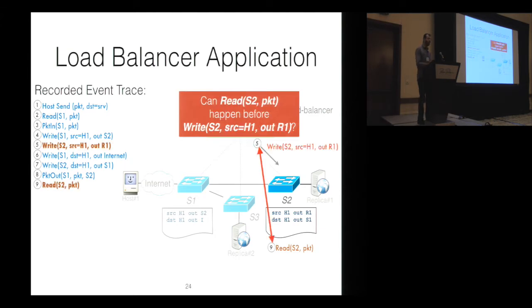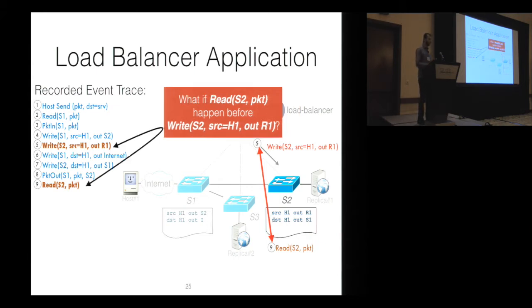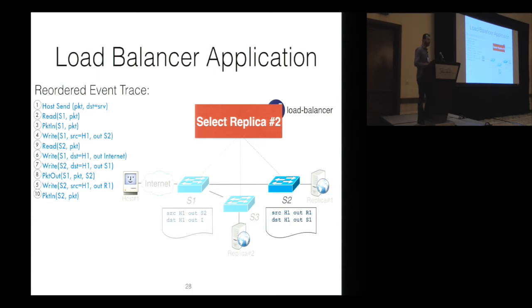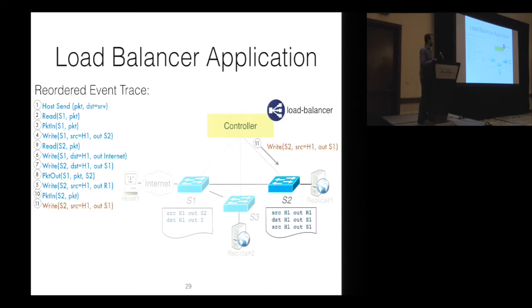The SDN implementation allows the switch to reorder the events before the write was committed to the flow table. Match this packet. So the S2 will compute a path all the way to replica 2, and this along that path.